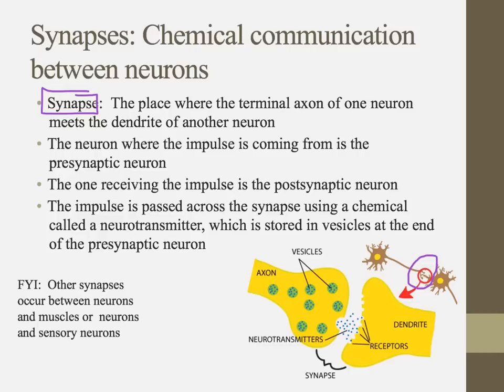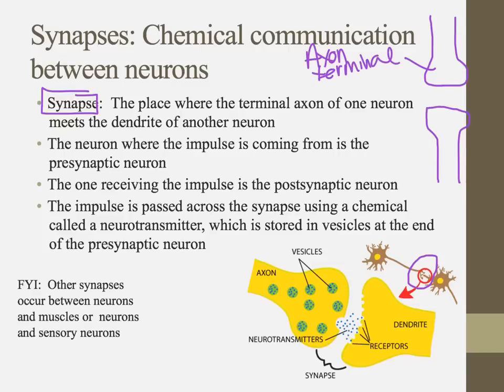So an easy way to kind of draw that is like this. Here we have the axon terminal of one neuron and the dendrite of another neuron. So the axon terminal would be the end, the dendrite would be the beginning of the other one, and this space in between is what we call a synapse.